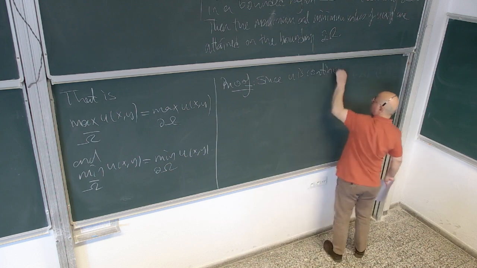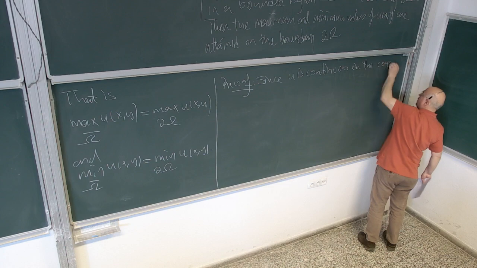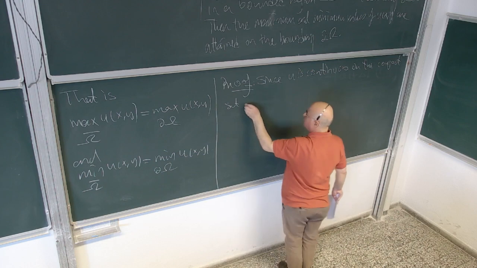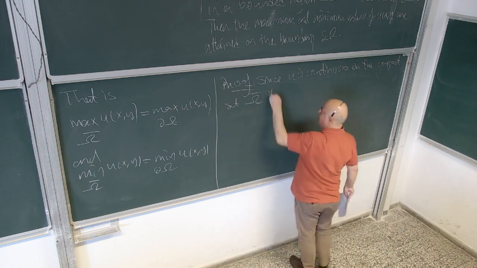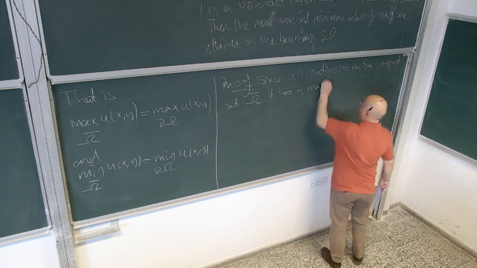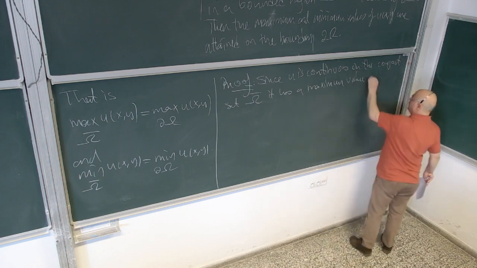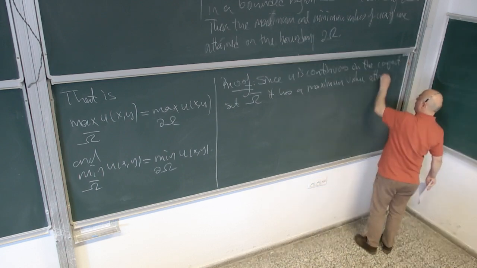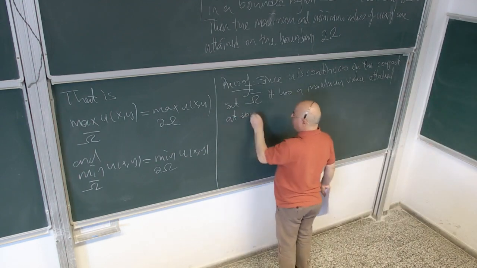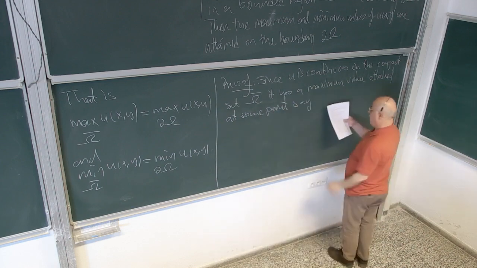Assumption gereği continuous on the compact closed and bounded set, compact set, u closure, it has a maximum value attained at some point, say x0 y0.